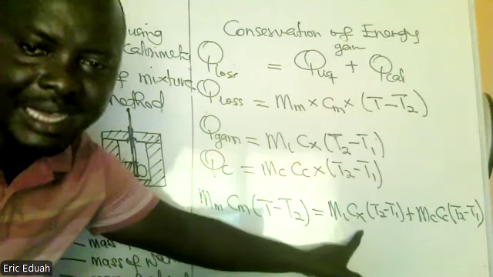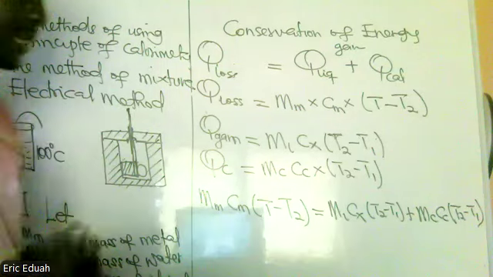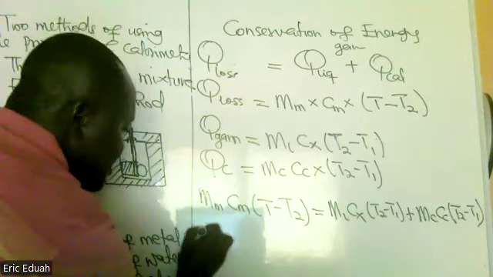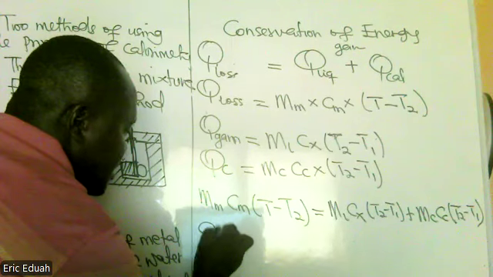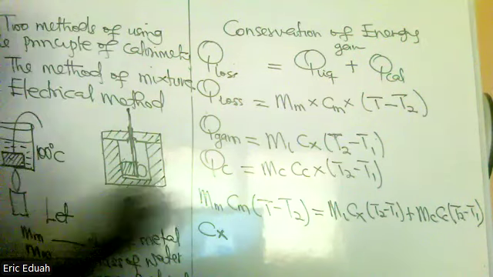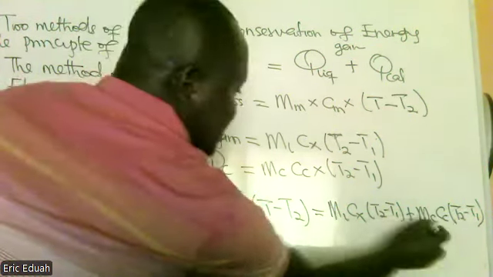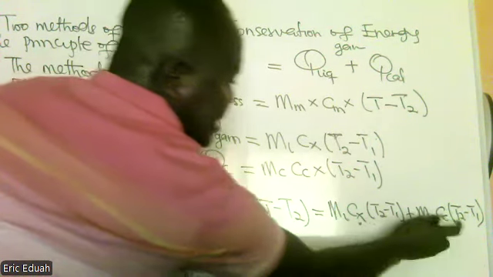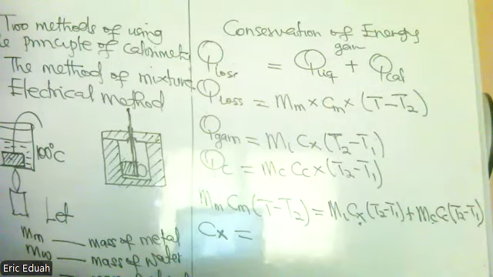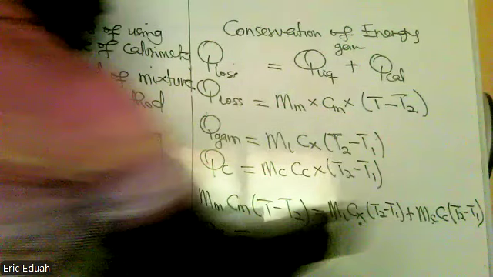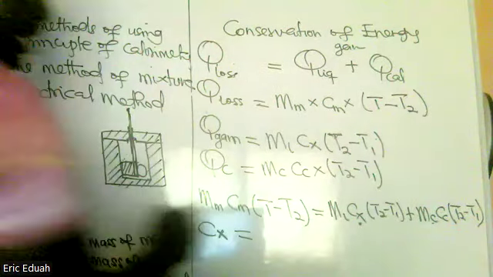So we make Cx the subject. Therefore, Cx will be equal to this. Cx is here. We must send the heat gained by the calorimeter to the other side of the equation.